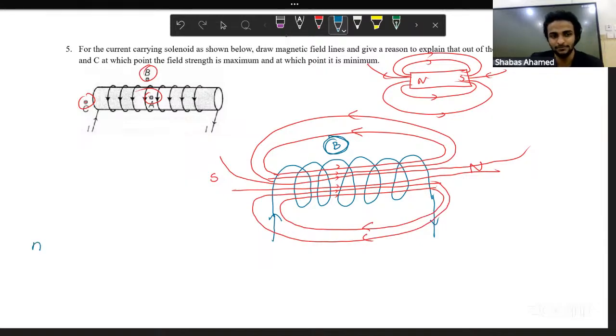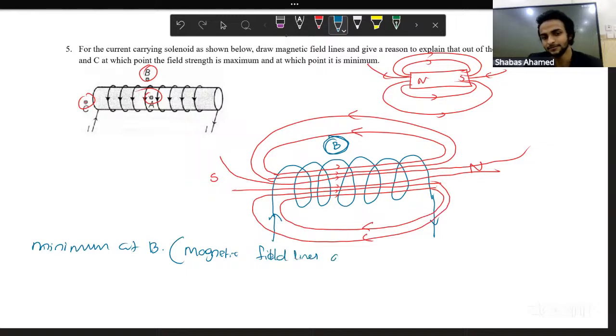So minimum at the point B, because the magnetic field lines are less dense. But at which point will the magnetic field strength be maximum?